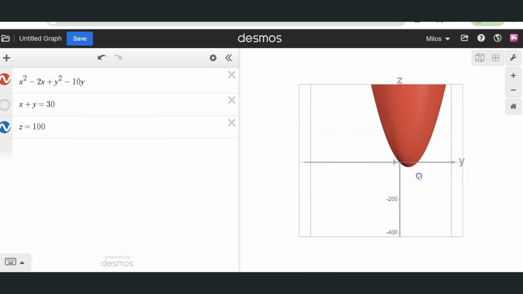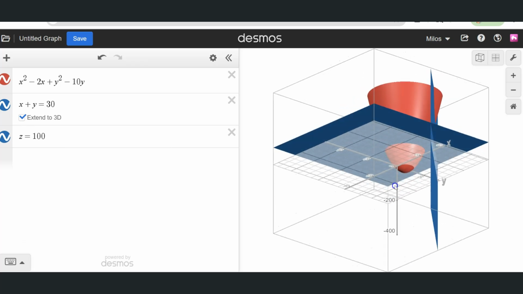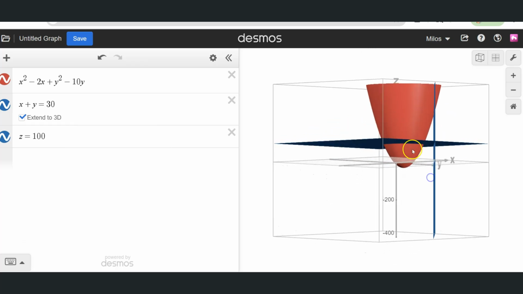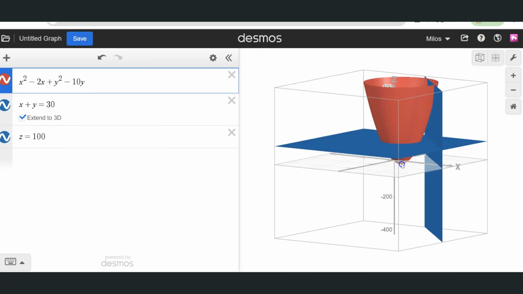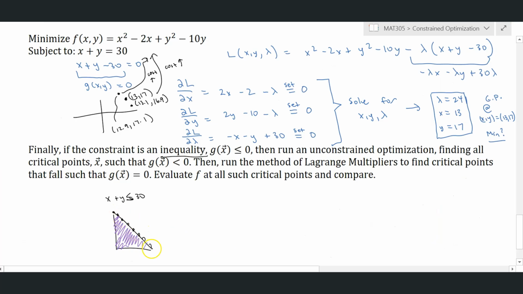And you can actually see that if I plot that constraint, all the points on that constraint are higher than points that would be somewhere in that first octant. So I can pick plenty of points on this surface where x plus y is less than 30, anywhere inside of this positive xy plane. And so clearly there's a better solution than the one that we found using the Lagrangian.